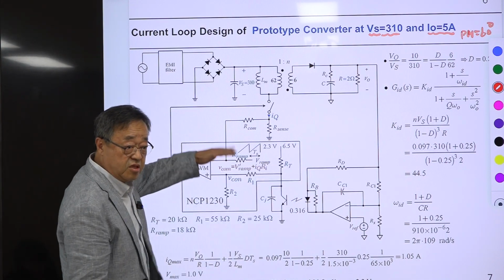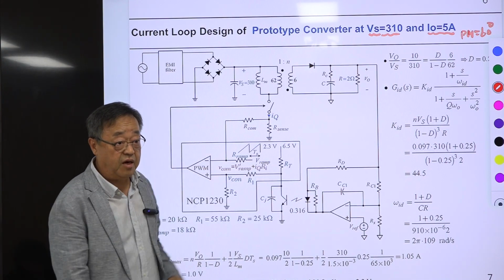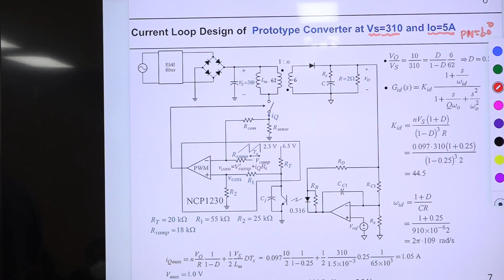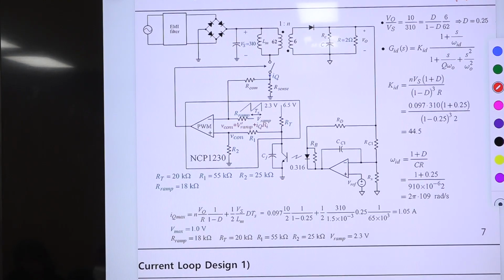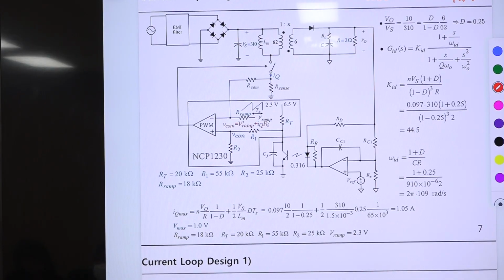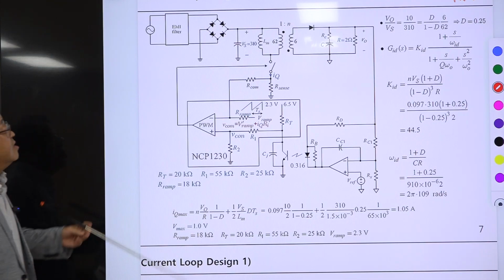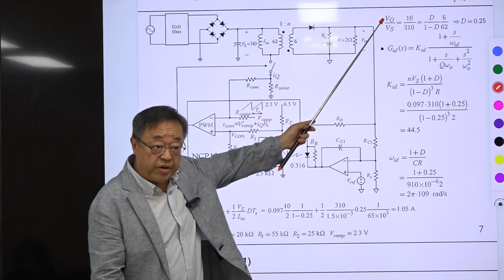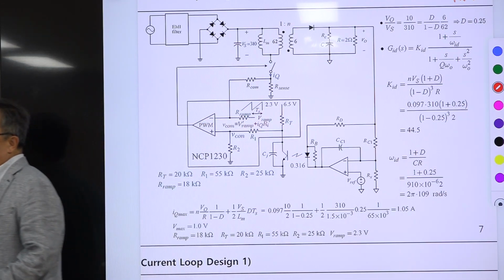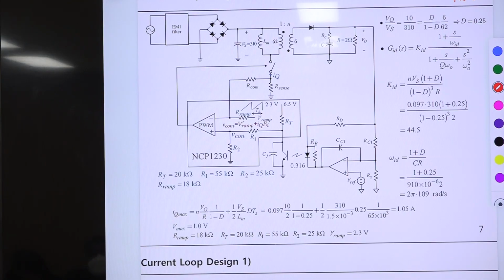So this is not a good selection. I know this, but I decided to use this data here. Probably you will have a chance to redesign everything at the desired operating point, the worst case operating point.